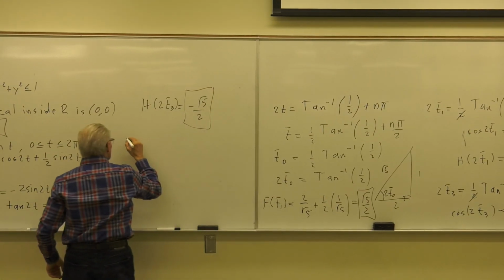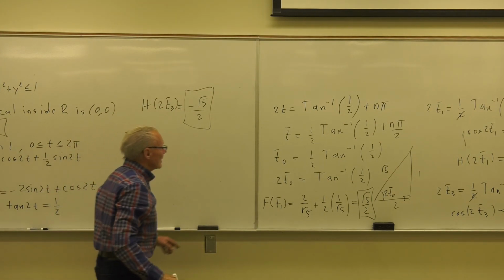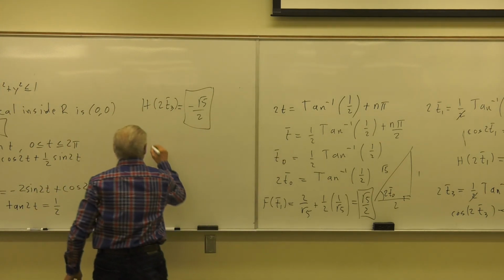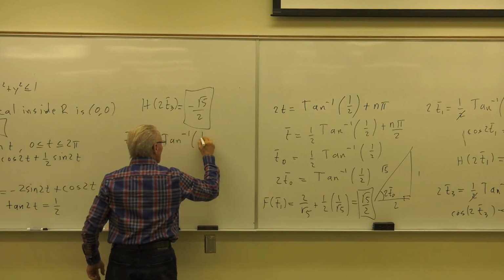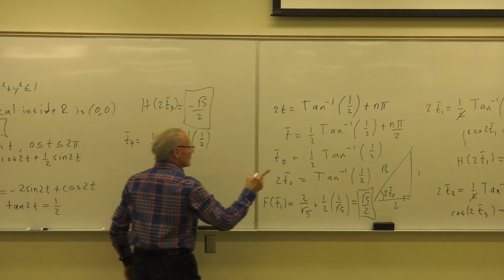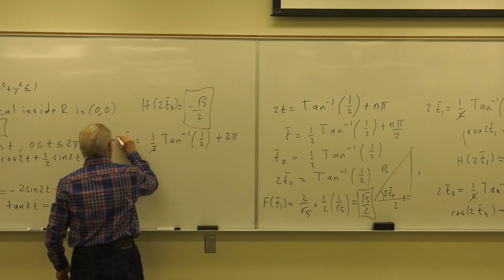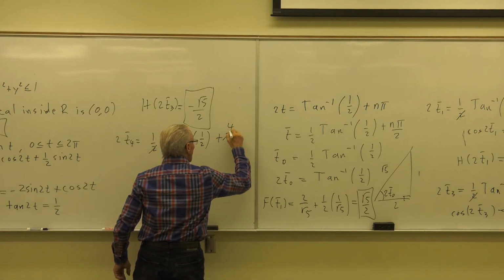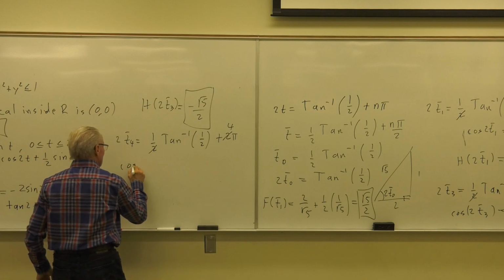And now finally, t bar 4 is equal to 1/2 the inverse tan of 1/2, and we're now putting in 4, that's plus 2 pi. We want the 2 up here, that'll make that a 4. So what about the sine and the cosine now?